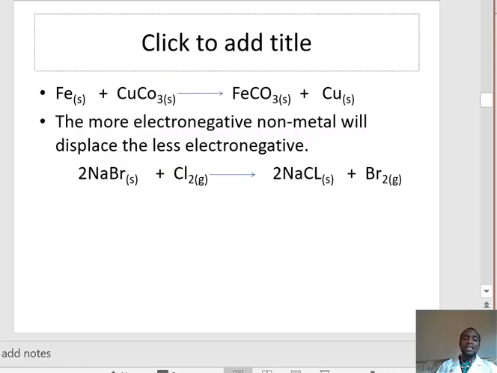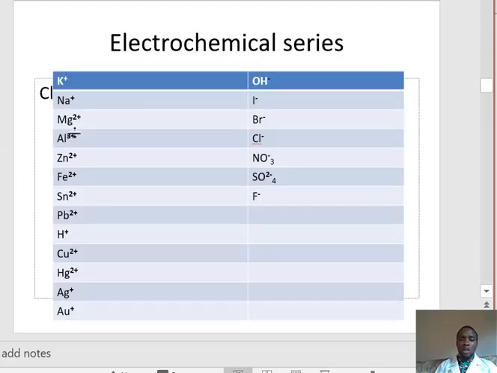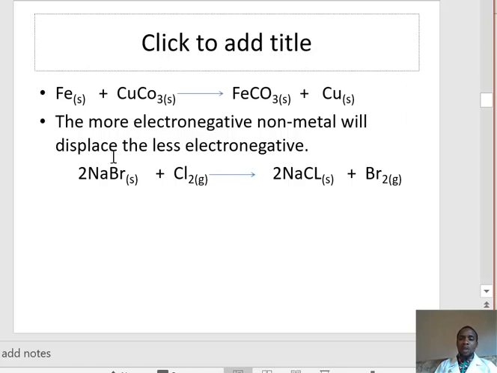When you look at this example, iron here and copper are both electropositive. Iron is above copper, so it is expected that iron will displace copper. Iron now displaces copper, and here we have iron 2 carbonate. Instead of copper 2 carbonate, we now have iron 2 carbonate, while copper has been displaced.